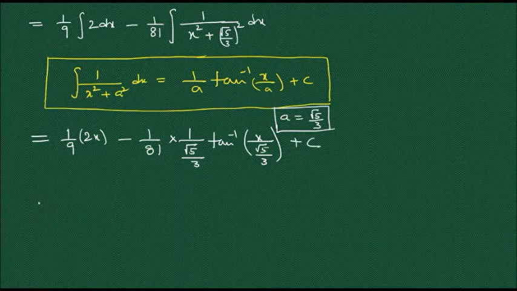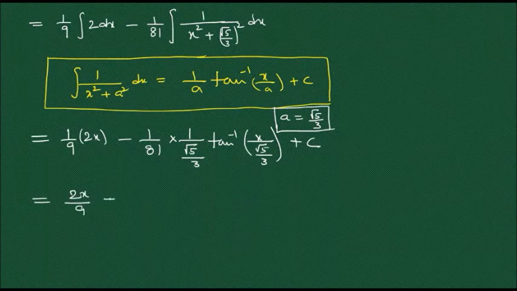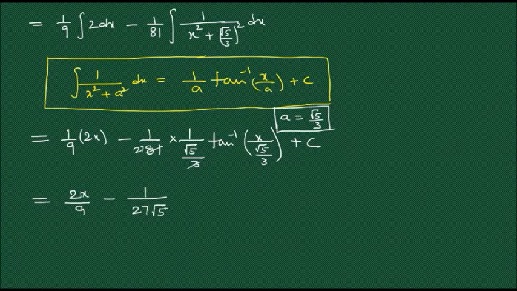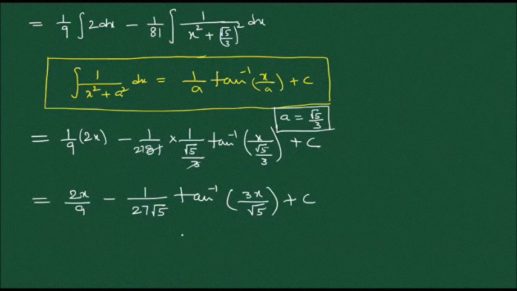Now simplify this. We will get this as 2x by 9 minus 3 ones are 3, 27s are 1 by 27 root 5 tan inverse 3x by root 5 plus c. Hope you have understood this problem now.